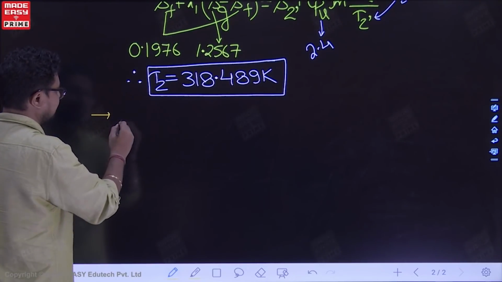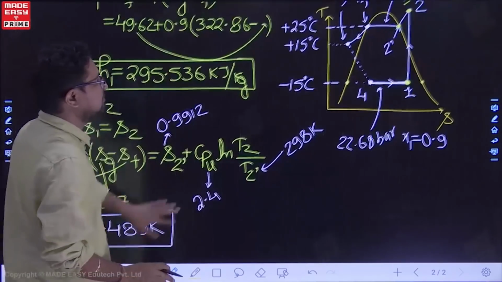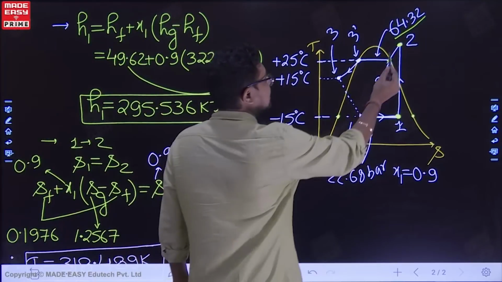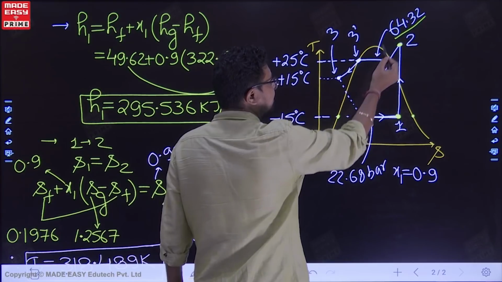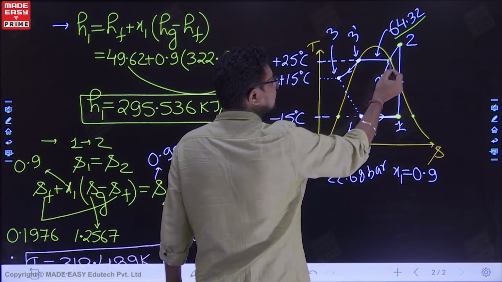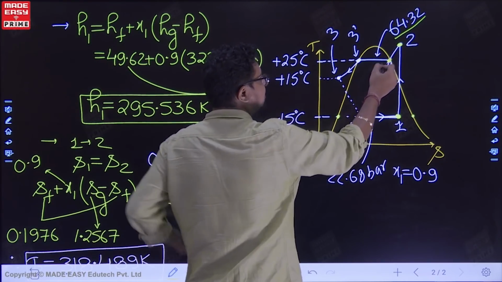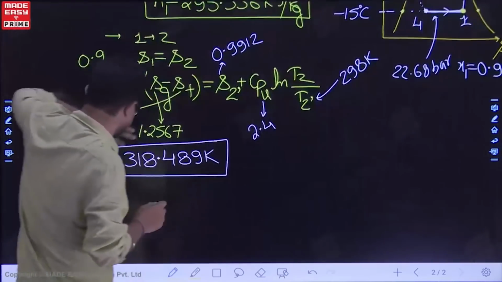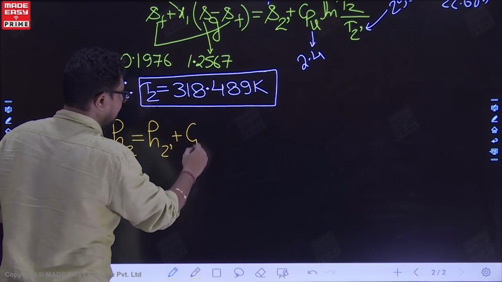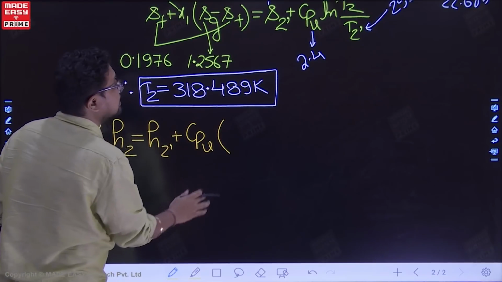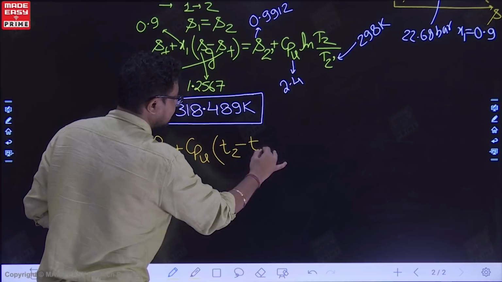H2 minus H2 dash is equal to, in the superheated region at constant pressure, Cp vapor into dT. So H2 equals H2 dash plus Cp vapor into dT, the difference of temperature, T2 minus T2 dash.